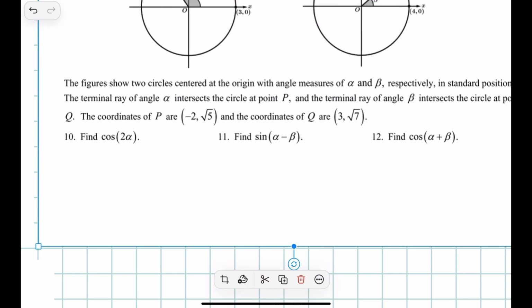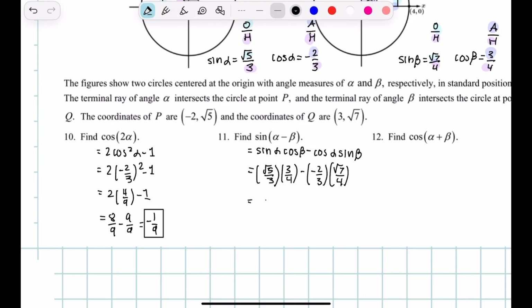Let's simplify this down. Now we have 3 times the root of 5 over 12, plus 2 times the root of 7 over 12. This is equal to 3 root 5 plus 2 root 7, all divided by 12.